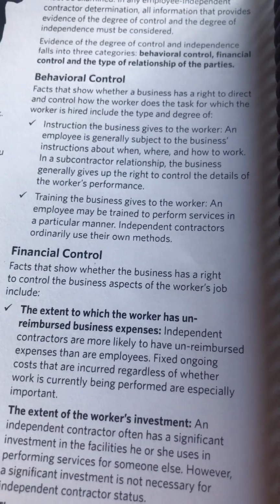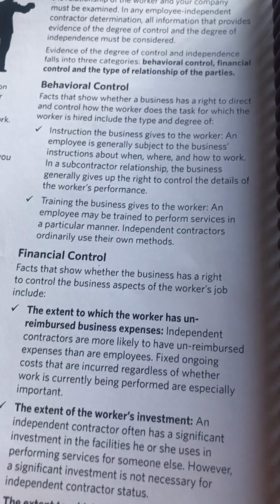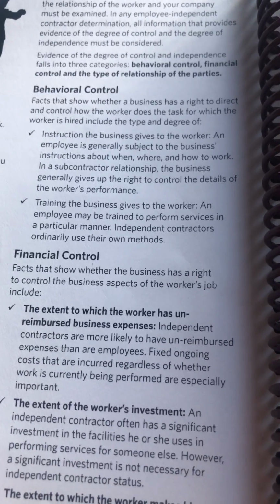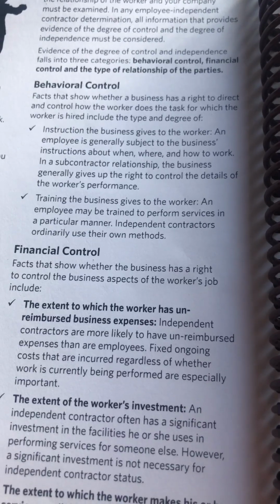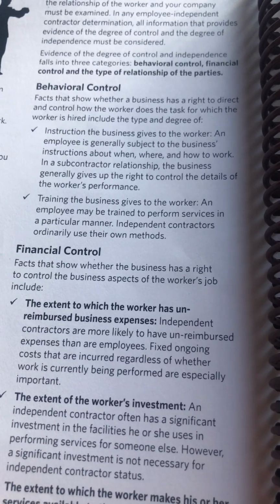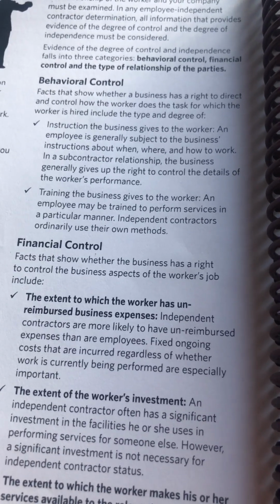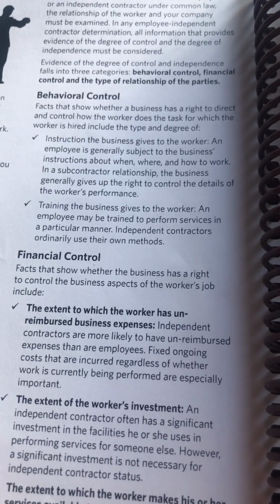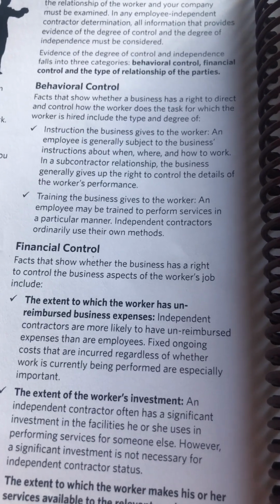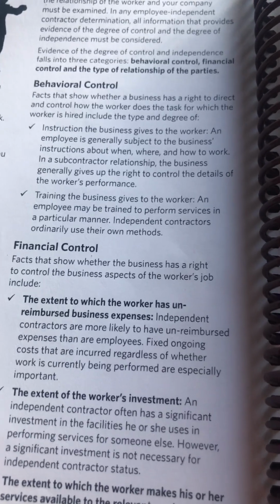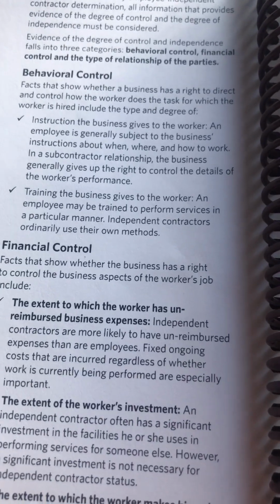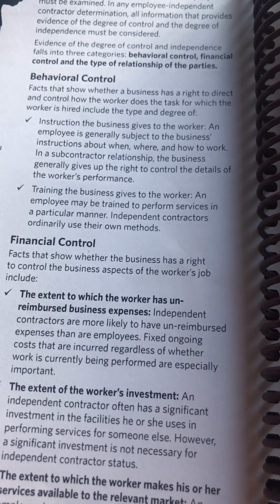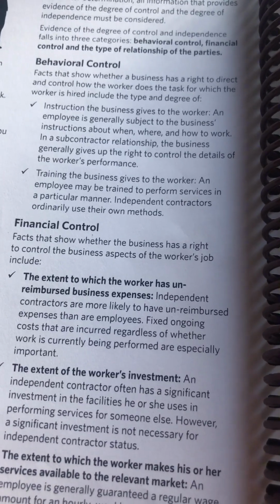Behavioral control. Facts that show whether a business has a right to direct and control how the worker does the task for which the worker is hired include the type and degree of instruction the business gives to the worker. An employee is generally subject to the business's instructions about when, where, and how to work.